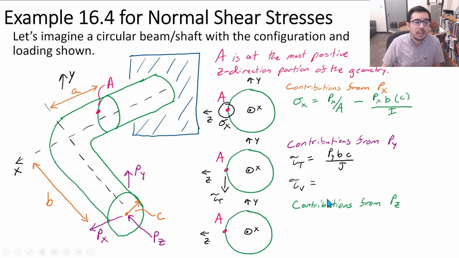So the internal shear force introduces an average shear stress on the surface. And you can see it coming up, and it's a maximum at the neutral axis for the bending that would be caused about the z direction.